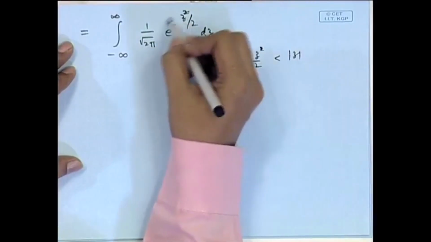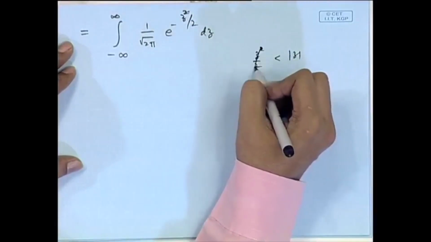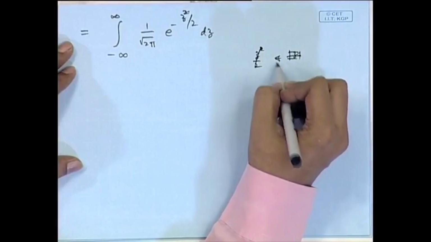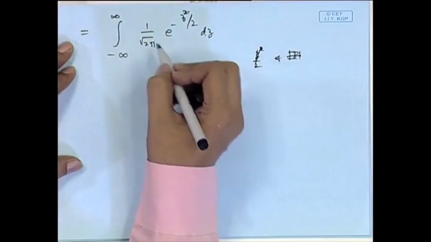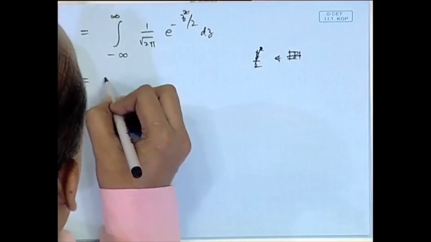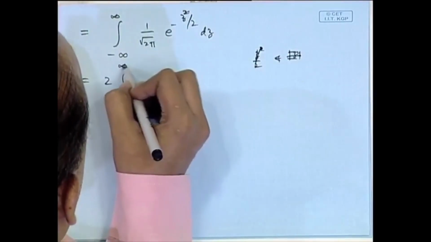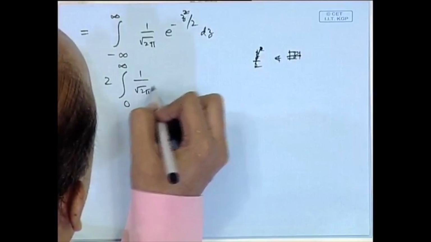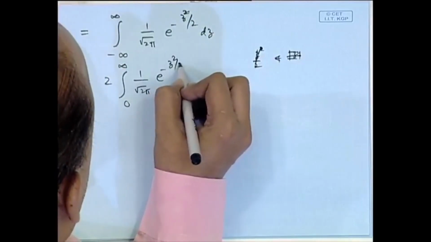So, basically this entire quantity e to the power minus z square by 2 can be considered to be bounded, and therefore, this is equal to 2 times the integral from 0 to infinity of 1 by root 2 pi e to the power minus z square by 2 dz.